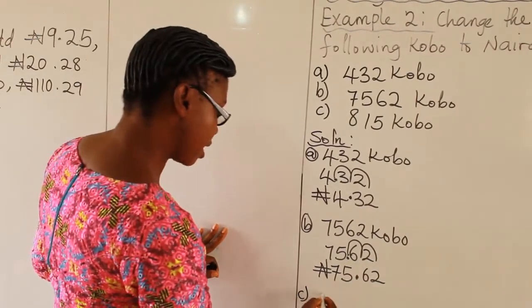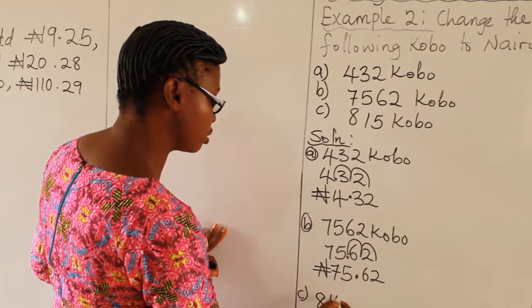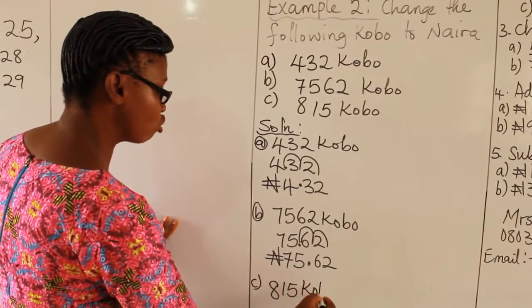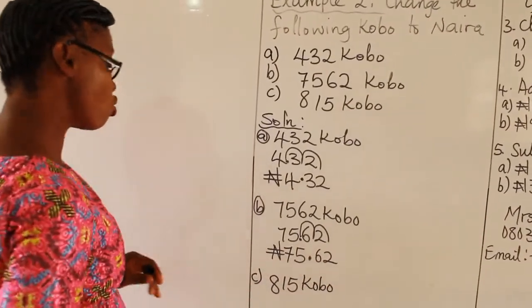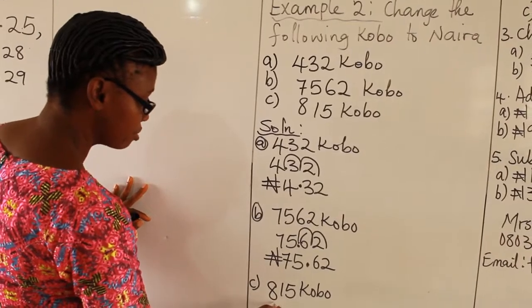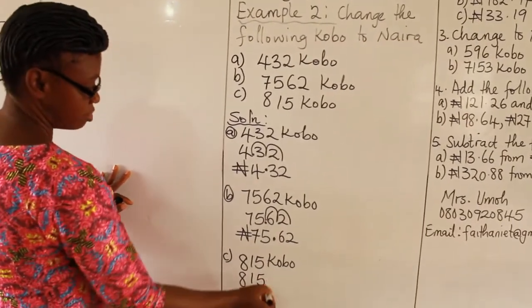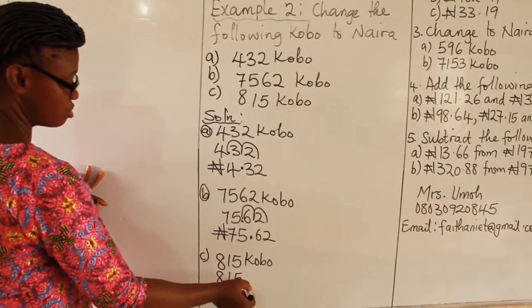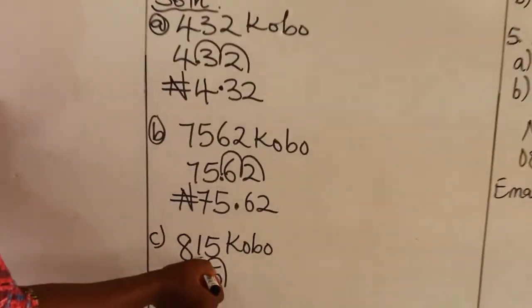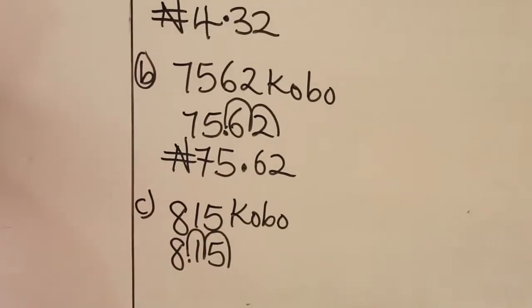We are given 815 kobo to change to naira. You write it out here, 815. From here, children, you move 1, 2. You fix your point.